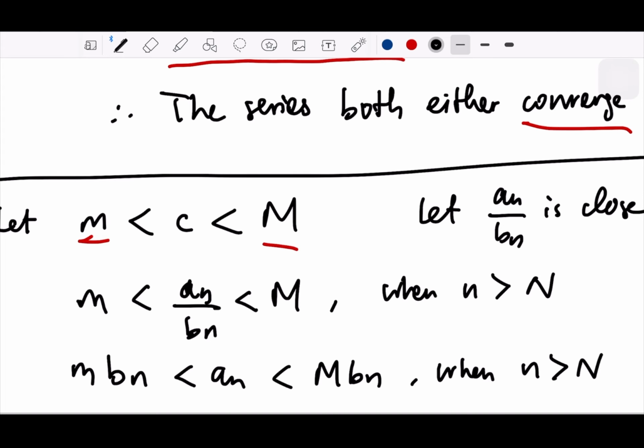From here we can set up our inequality into m Bn less than An less than M Bn. So whenever the other series converges or diverges, for example, if Bn converges, of course An will converge. If Bn diverges, An will diverge, because we have this Bn covering both sides.